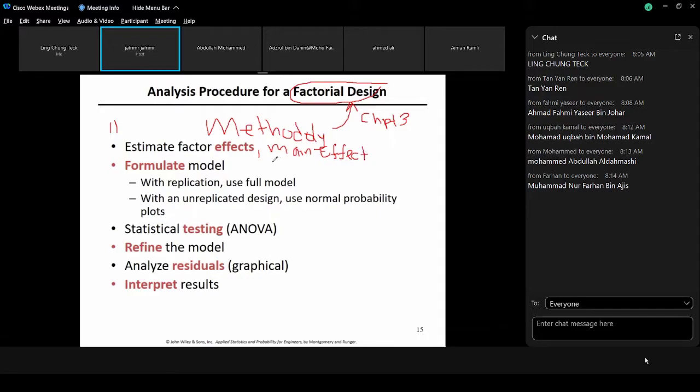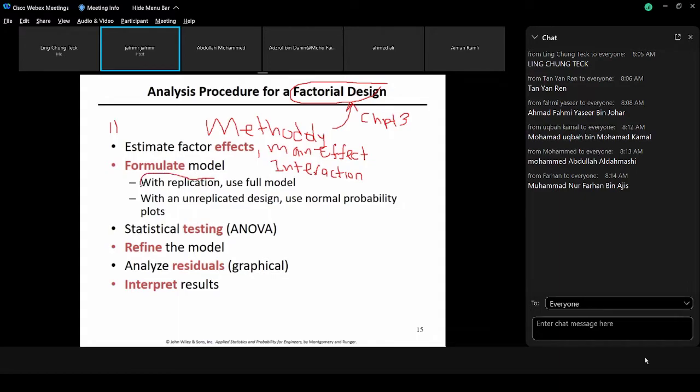If you talk about two factors, there is only the main effect of A, the main effect of B, and the interaction effect of A and B. Okay. Formulate the model. We will do that.